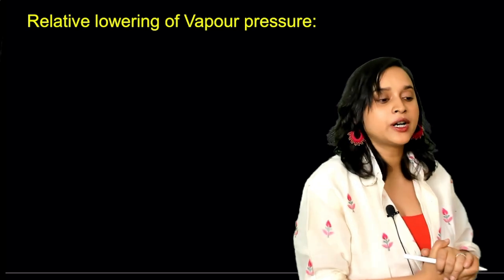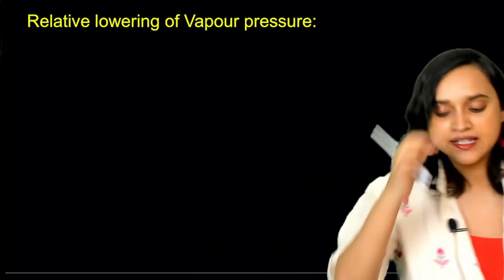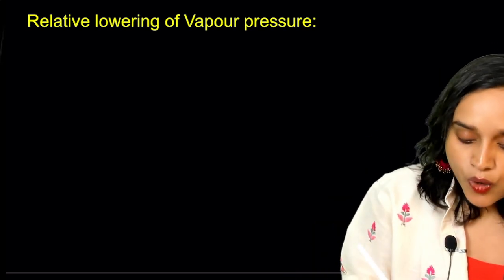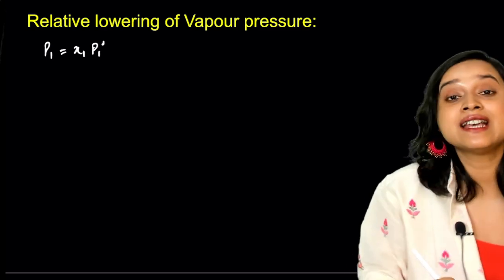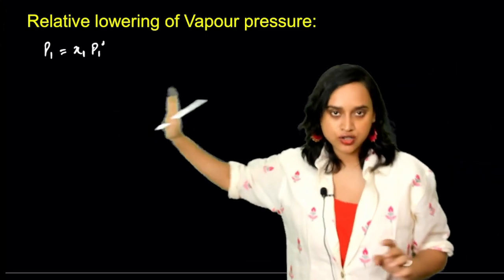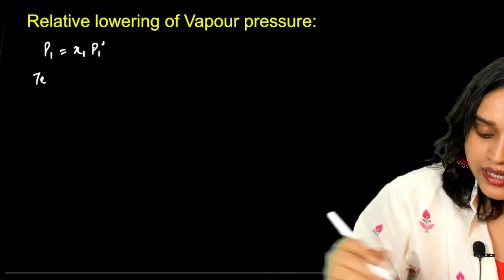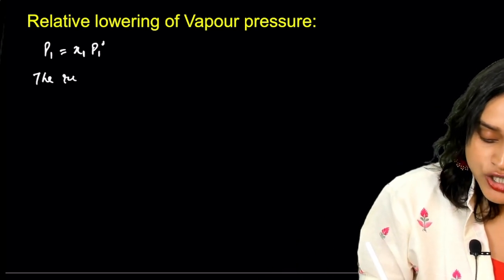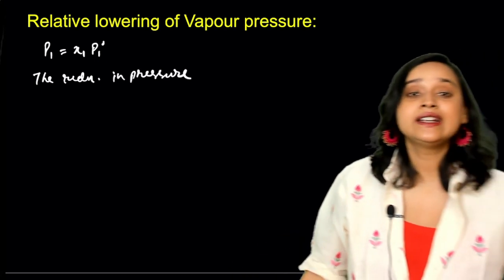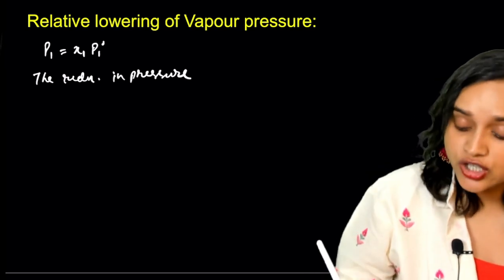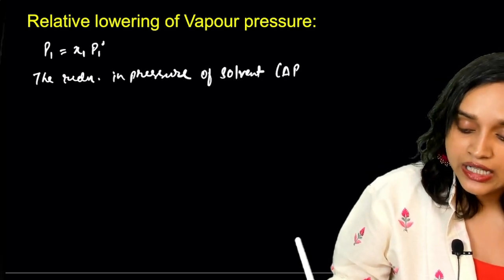Relative lowering of vapor pressure. So ideally and basically what happens here is, you all know that we have P1 = chi1 multiplied with P1 naught. Is that true, everybody? Yes. This is from Raoult's law. Correct? We all know this? Yes. Now the reduction in pressure of a solvent is going to be delta P1.